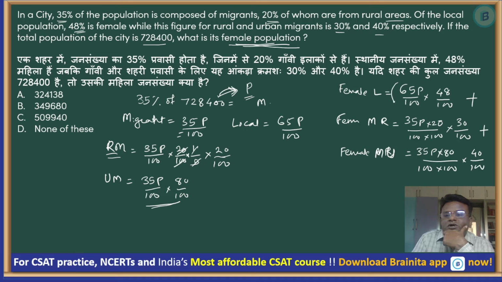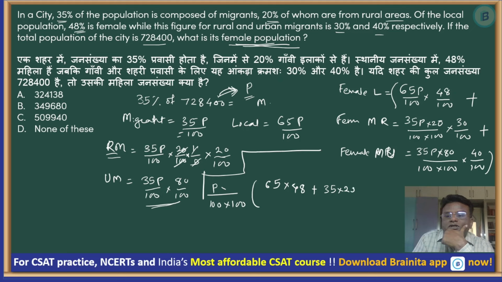Now look at this entire thing. I can see that the 100s are common, and P is common. Let me take P divided by 100 into 100 as common, and leave inside 65 into 48 plus 35 into 20 into 30 divided by 100 plus 35 into 80 into 40 divided by 100.